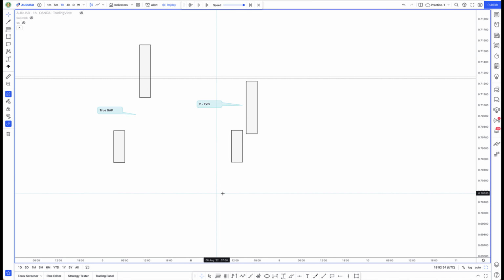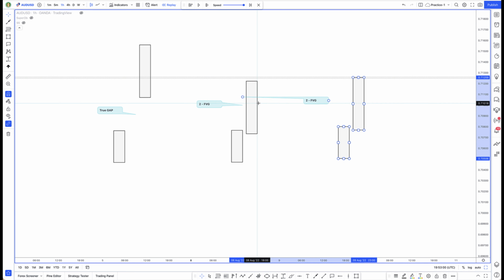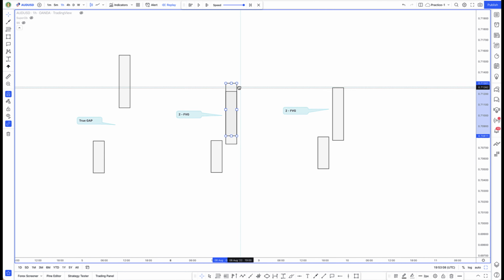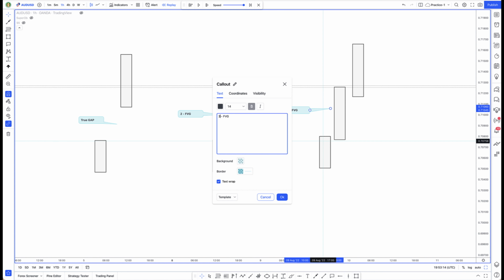And then on this setup, if you were to add a third candle on top of it, this area then becomes a 3 candle fair value gap.